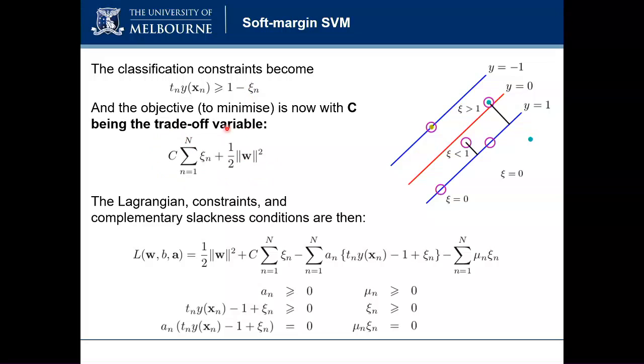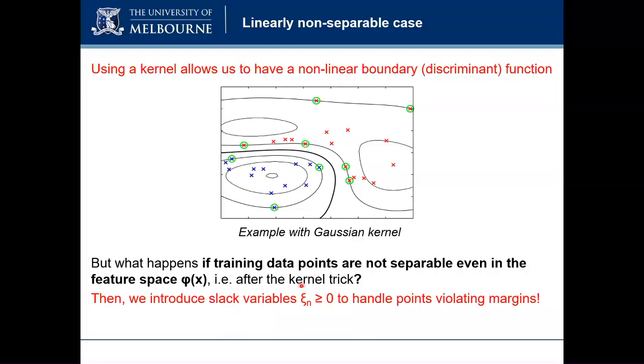Clear? So when I do this, then I can write the Lagrangian directly by writing the objective, and then these are all inequality constraints, so the Lagrange multipliers for the inequality constraints. And also there is another set of constraints, the positivity constraints for the xi's.